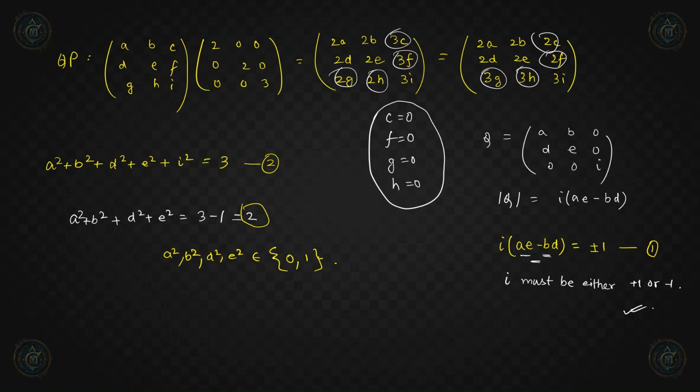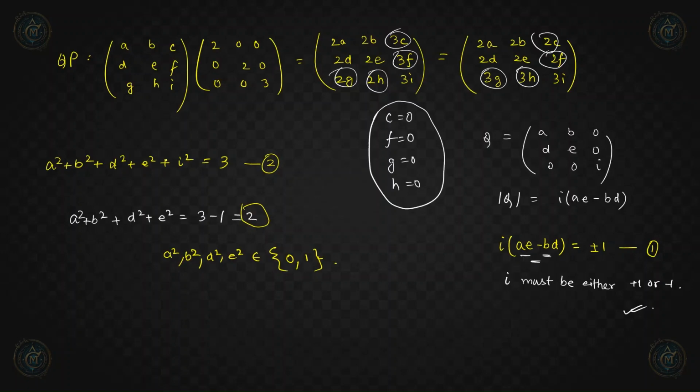So if we try the combinations, let us find. We must satisfy the determinant condition, which is plus minus 1. So let's take the cases. Let's take the case I equal to 1. That means ae minus bd is 1 or ae minus bd is equal to minus 1, two cases. So let's count.